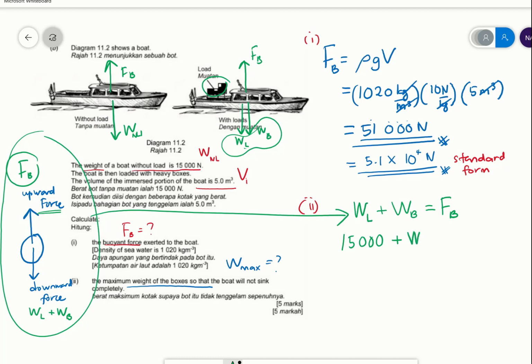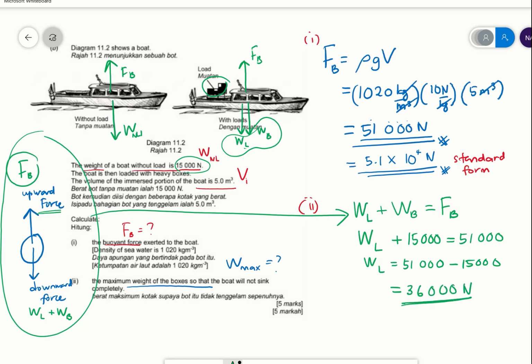WL is the weight of load that we want to know. How much is the load? So we leave it as WL. We know WB, which is 15,000 Newton. For Fb, we write the answer that we got previously, which is 51,000. We rearrange the formula. Hence, WL equals 51,000 minus 15,000, which is 36,000 Newton.